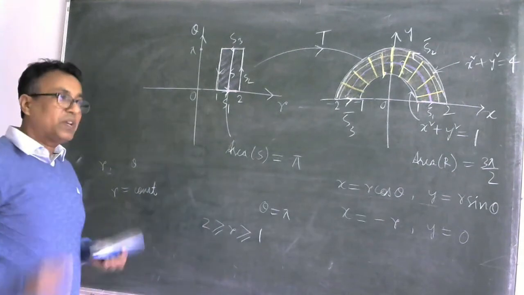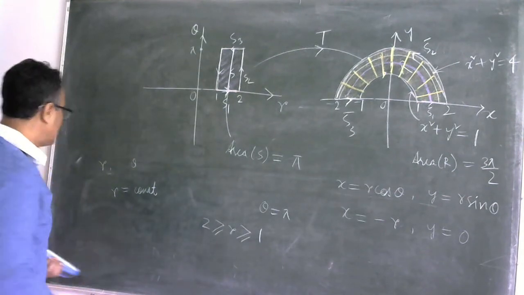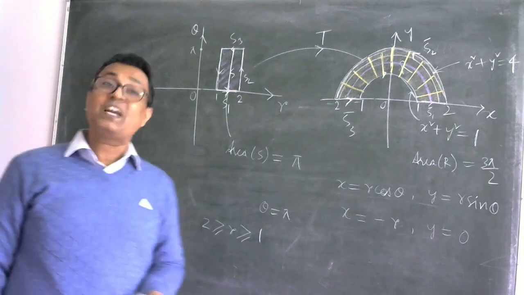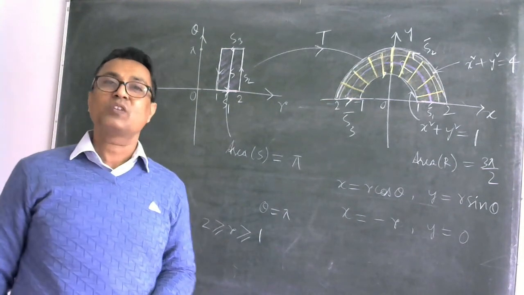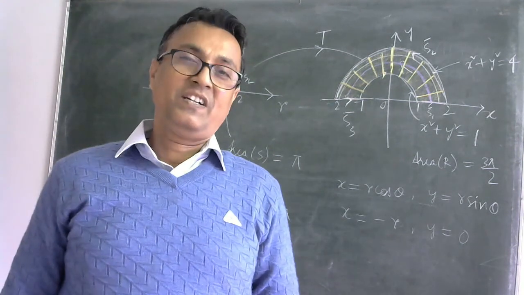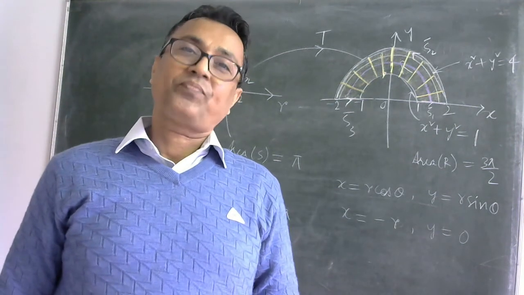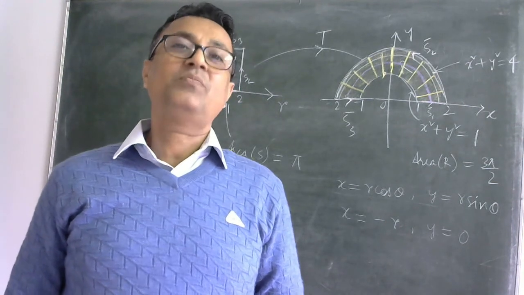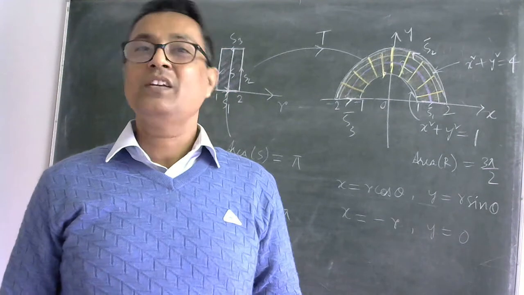Okay. So basically, what you have found out is that r equal to constant and theta equal to constant, and for that matter, u equal to constant and v equal to constant, are going to generate some curves in the transform plane, right?